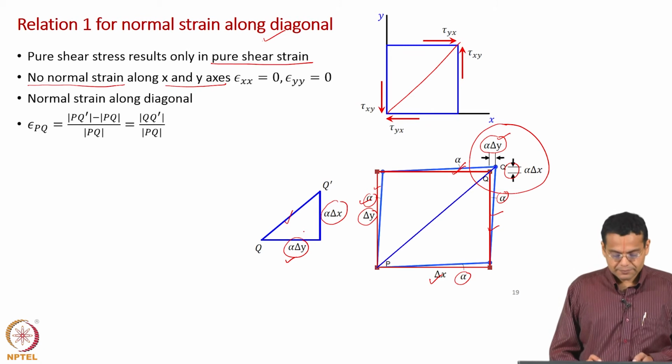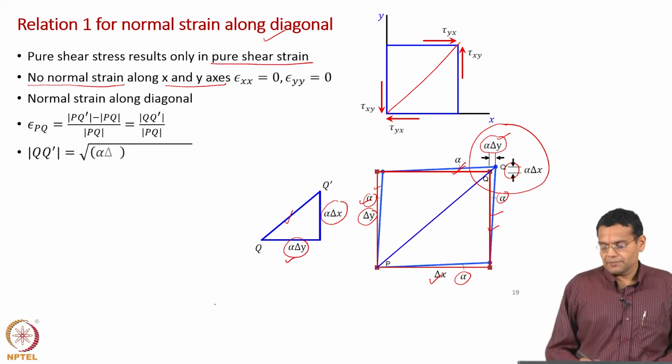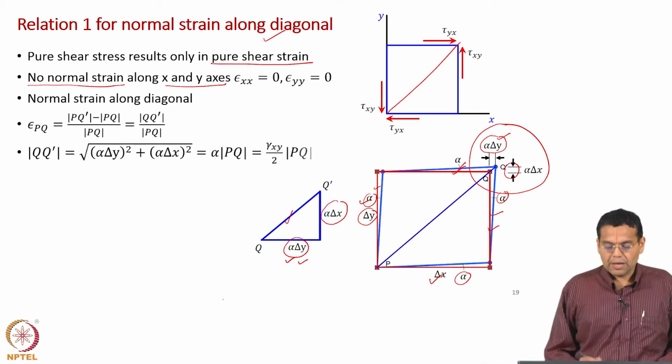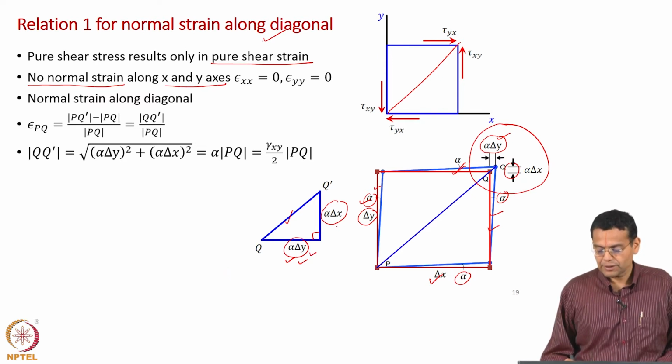Okay. Now, we can find the increase in length QQ dash by applying Pythagoras theorem, as this is a right angle triangle. So, the length of QQ dash is equal to the square root of the square of this length plus the square of this length.